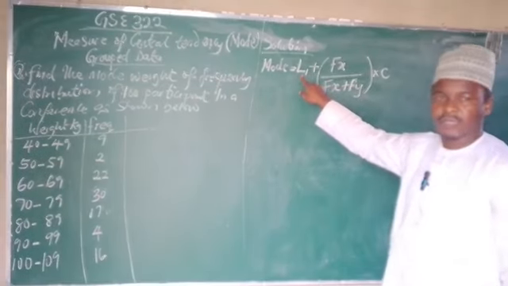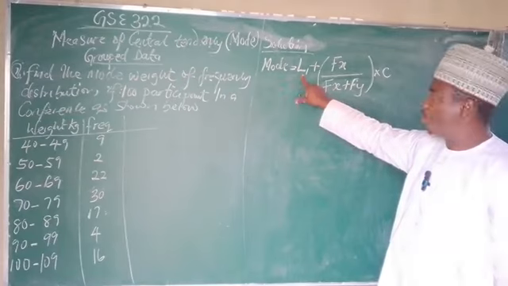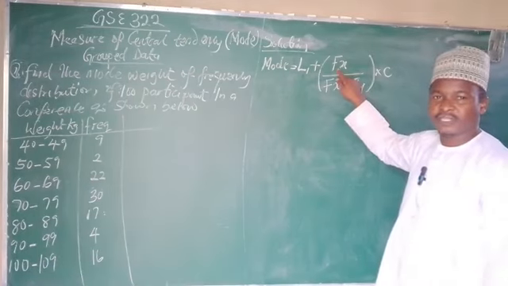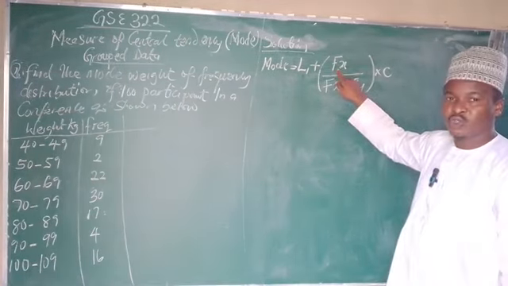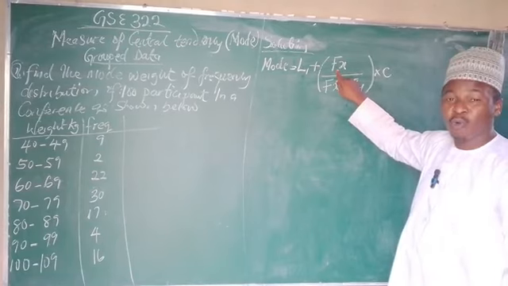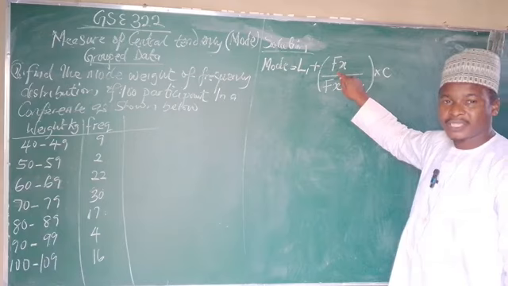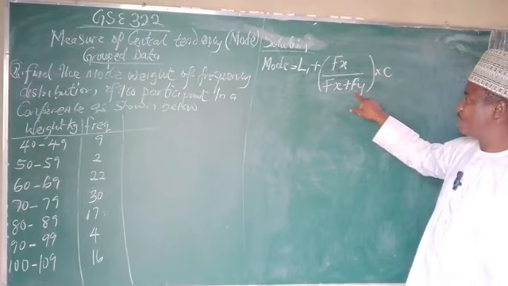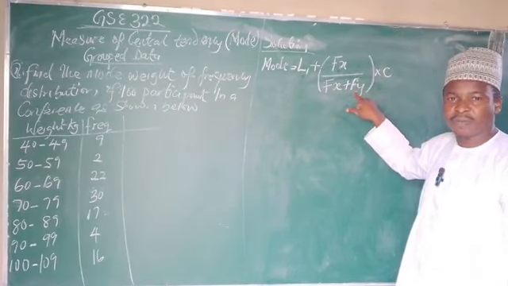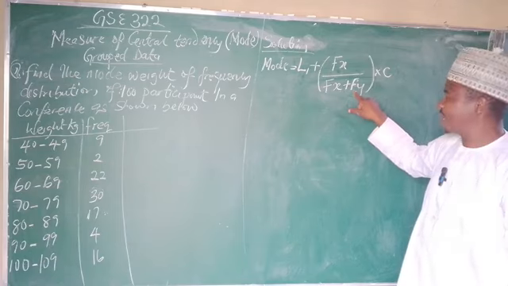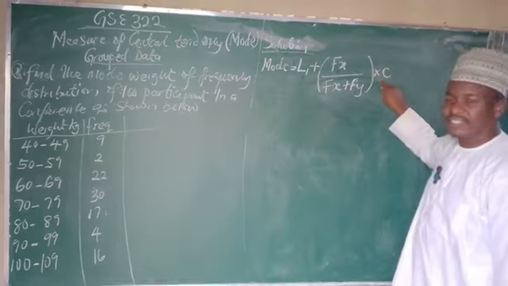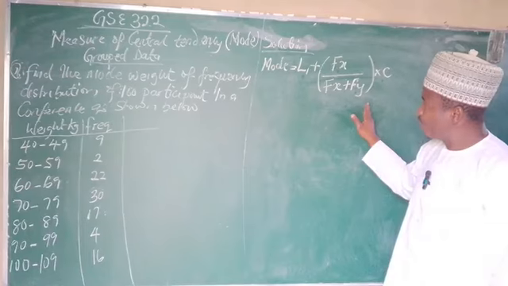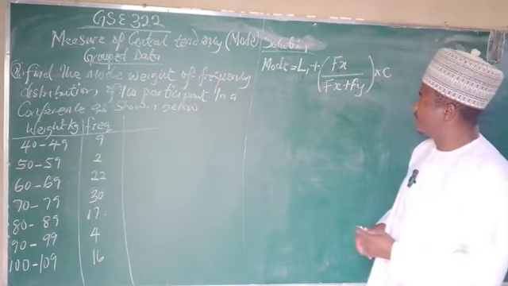L stands for the lower class boundary of the modal class. Fx stands for the difference between the frequency of the modal class and the class before it, while fy means the difference of the frequency of the modal class and the class after, while c stands for class size.